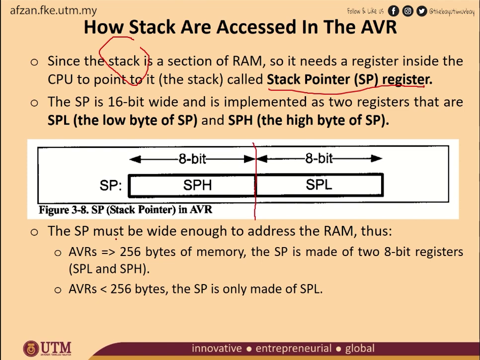The stack pointer must be wide enough to address the RAM. So AVR with 256 bytes of memory, the stack pointer is made of two 8-bit registers, which are SPL and SPH, while AVR with less than 256 bytes, the SP is only made of SPL. For ATmega32, we have stack pointer high and stack pointer low.